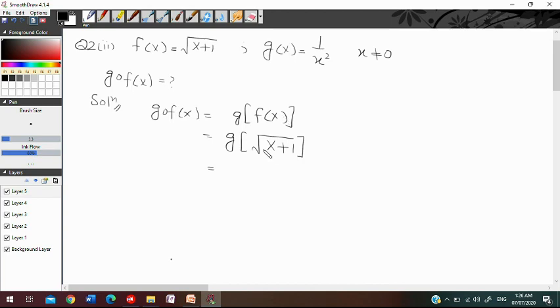In other words, when we substitute under root x plus 1 in this function g, it converts under root x plus 1 into 1 divided by under root x plus 1 whole square, like this g of x. We cancel the square with the under root, and simply we get 1 divided by x plus 1 as the answer for this part.